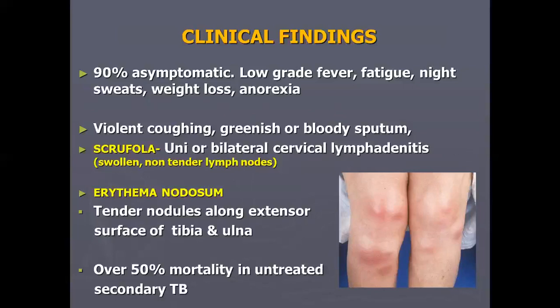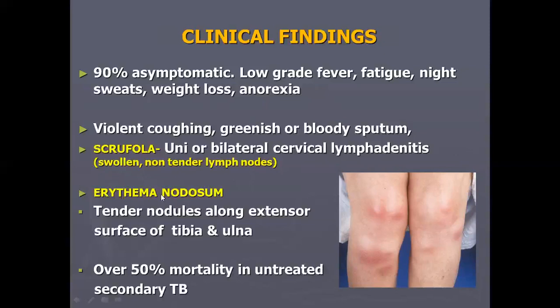Lymph node TB is very common. This is one of the most important and most frequent manifestations of Mycobacterium tuberculosis. The lymph nodes are swollen and non-tender, typically the cervical lymph nodes, but any lymph node can be involved. From the cervical lymph nodes, it can disseminate to any area of the body. This is what we call scrofula.